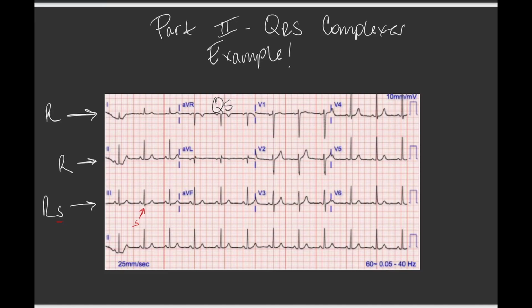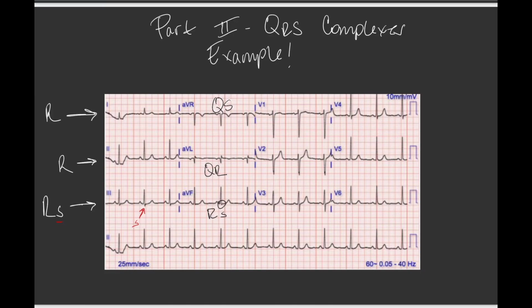How about AVL? What do we have here? It looks like the QR complex, and they look to be about the same height. So they would both be capital. How about AVF? Yeah, how about another RS complex, right? We see that little bit of negative deflection at the tail end of that R wave.